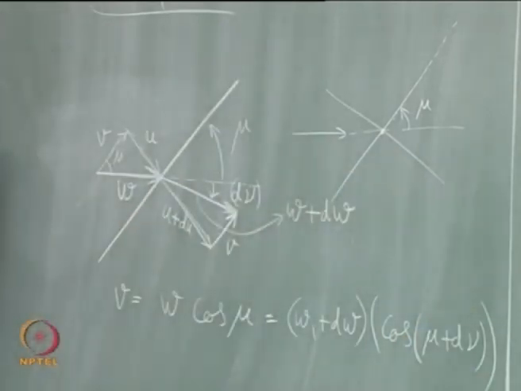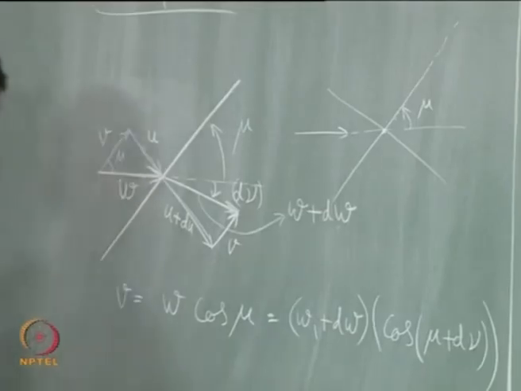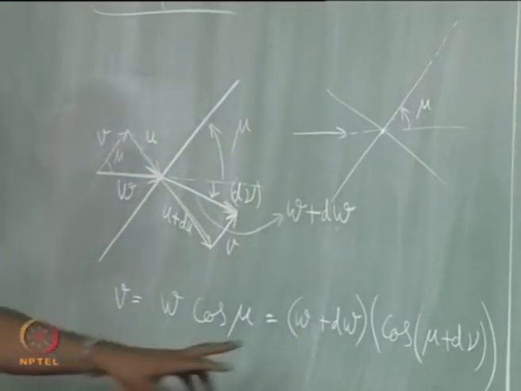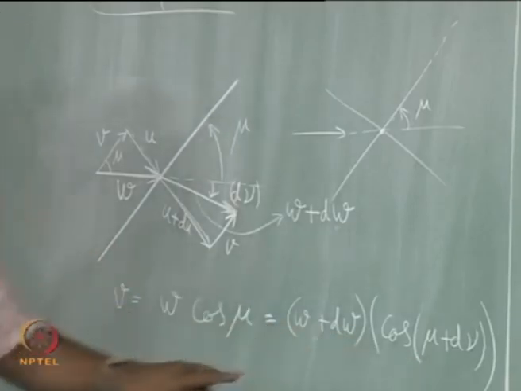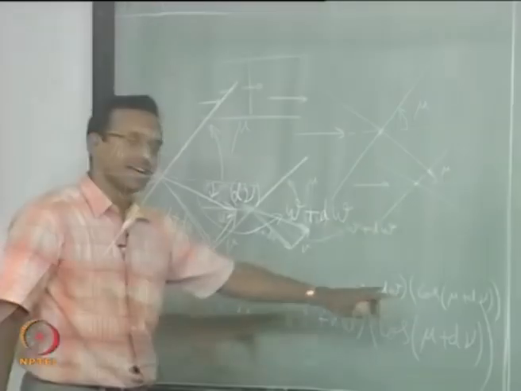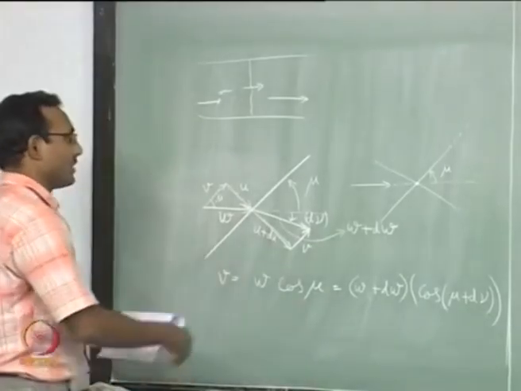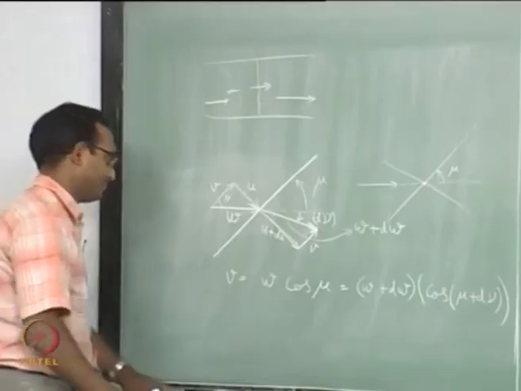Now, all I have to do is expand this. W times cos mu will come out of this side, which I can directly cancel with the left hand side of this equation.